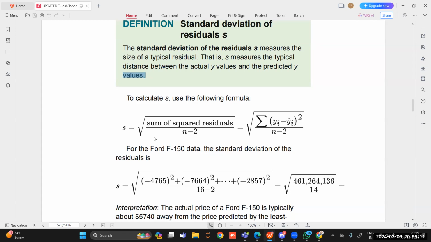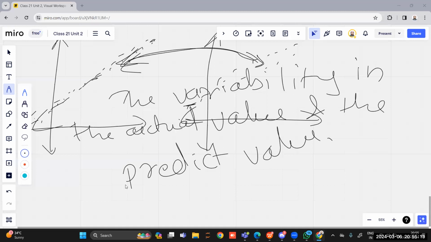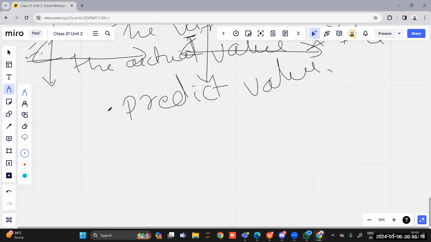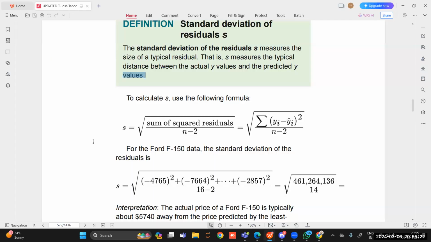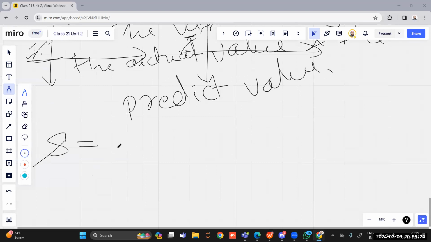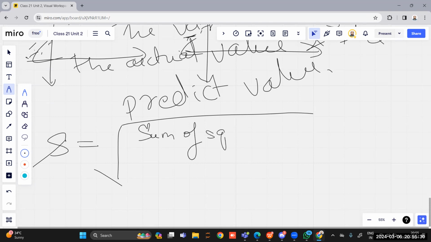So what's the formula for S, the standard deviation? It will be the square root of the sum of squared residuals, upon n minus 2.